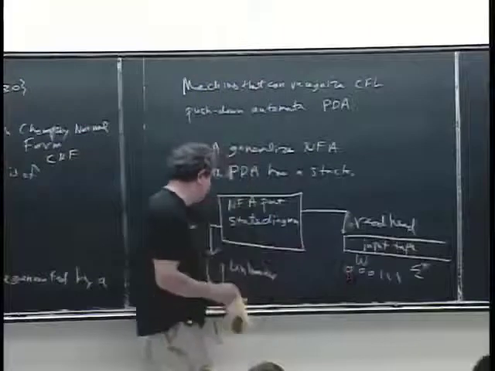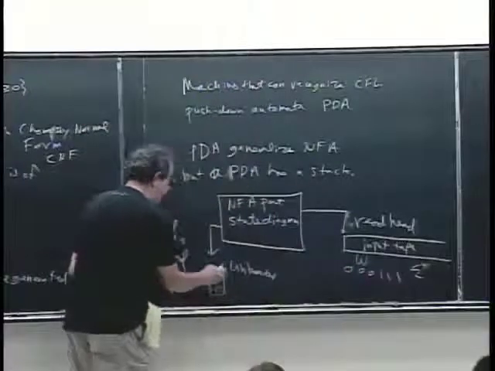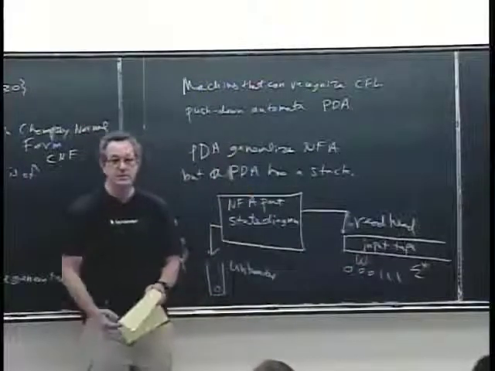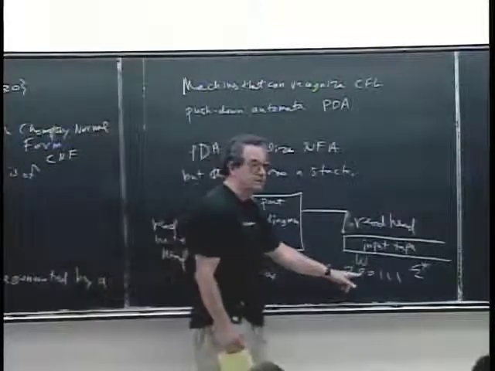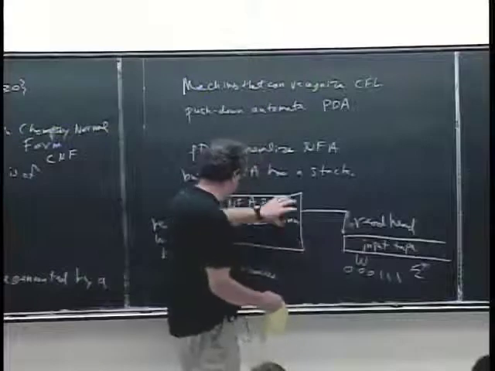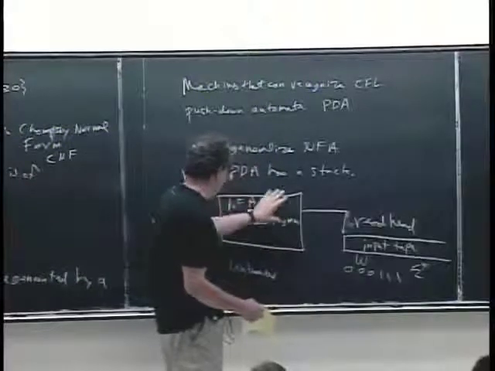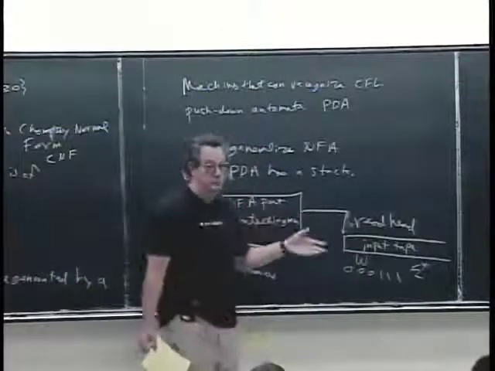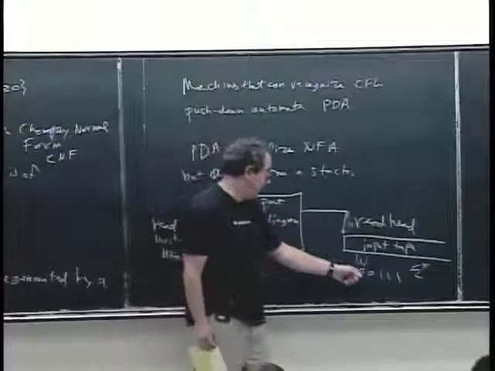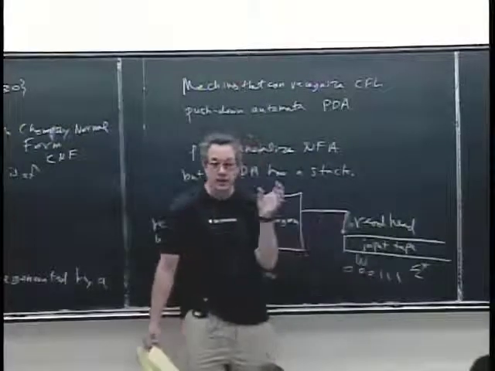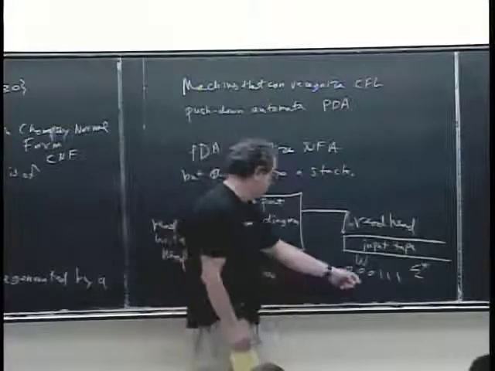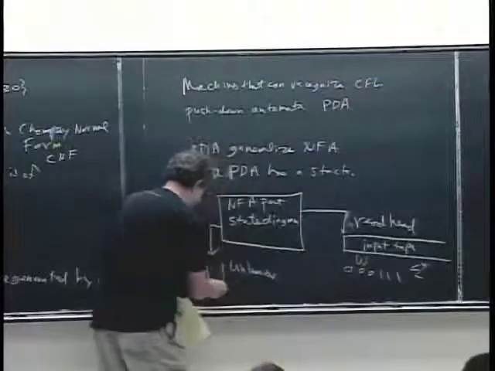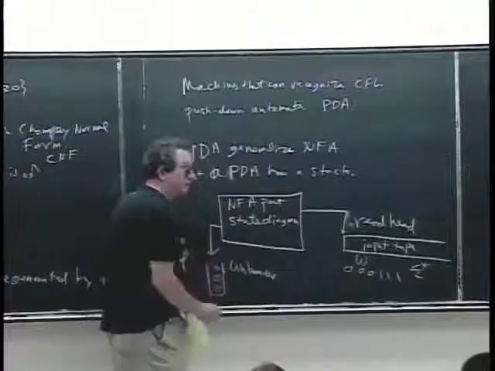But as it reads it, it's going to push the identical symbol onto the stack, as long as it's still reading zeros. So we're going to have to cook up an NFA that can do that. It's just reading characters, and by its state, it knows whether it's still reading zeros or not. If it's reading zeros, it continues to push them onto the stack.